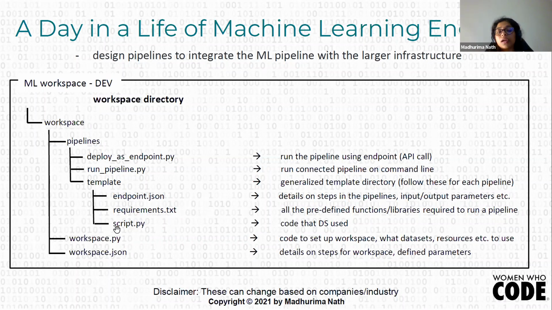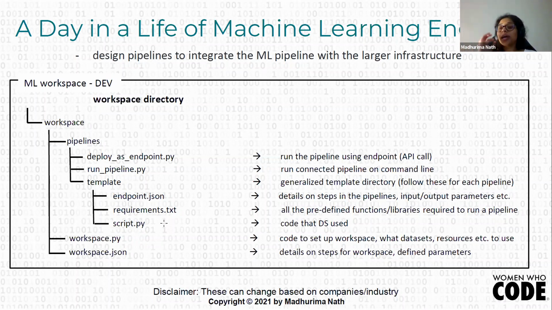And script is the code that the data scientist was using in their notebook. That is the code that will go there. So it will contain all the steps that were done. Okay, for cleaning, let's say you took a bunch of columns and a bunch of rows and imputed their values.